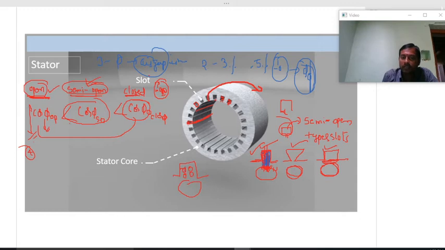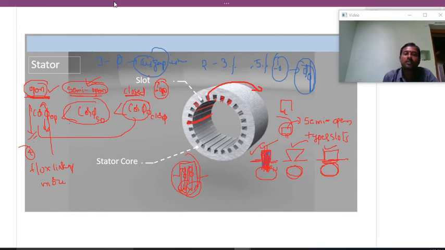So from conductors to rotor, flux linkages will be more. Flux linkage is more in open type slots, because there is a free way to link the flux, so the leakage flux is less.